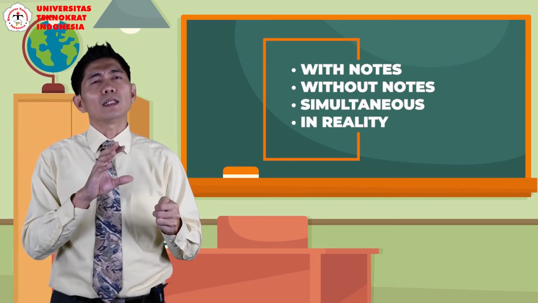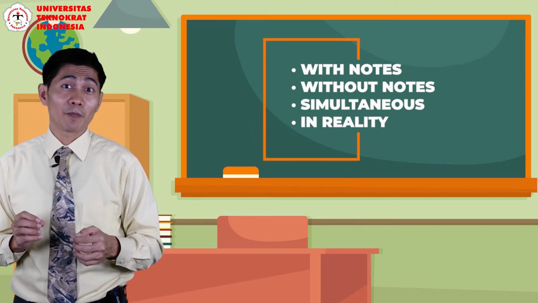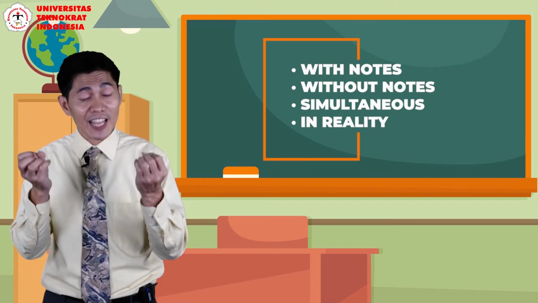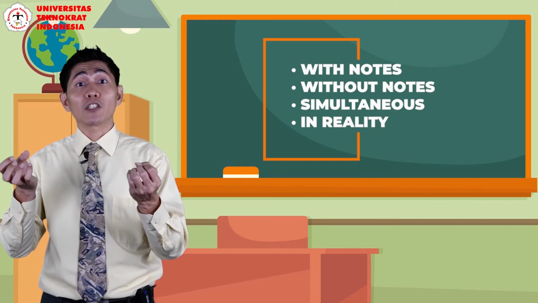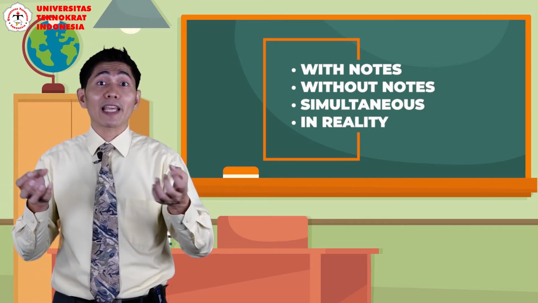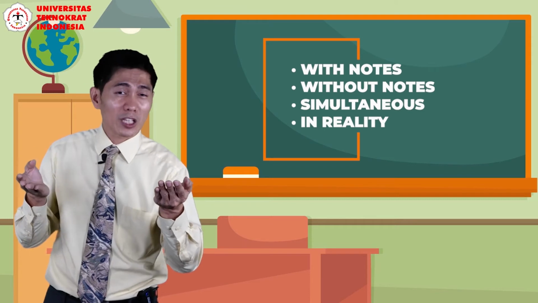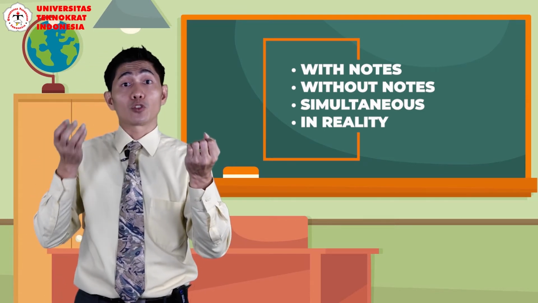And then what about simultaneous interpretation? It's quite different. As we can see from the name, simultaneous means that both speaker and interpreter speak at the same time. Well, not exactly at the same time, because the interpreter has to wait first for the speaker to speak.